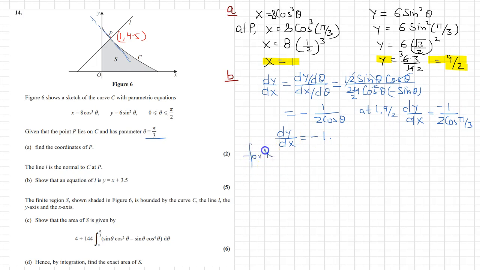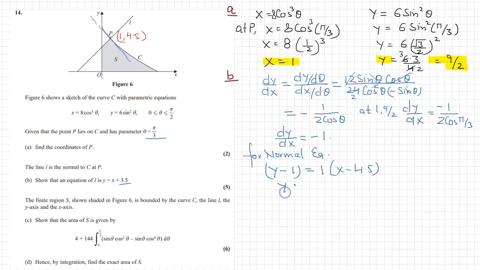So for the normal equation, y minus y1 is equal to minus dx over dy, that is 1, times x minus, we have to put 3.5, so we take it 4.5.